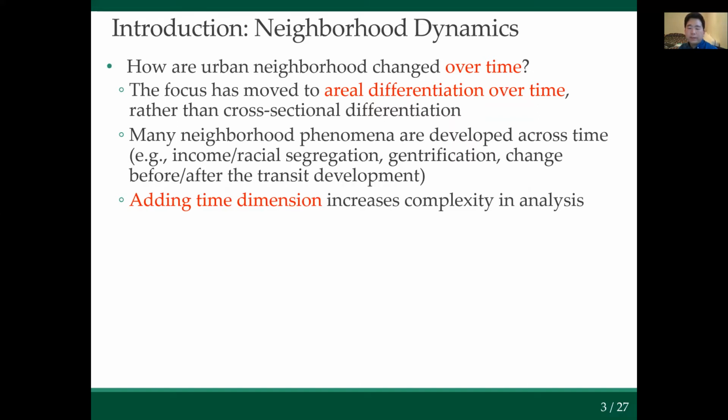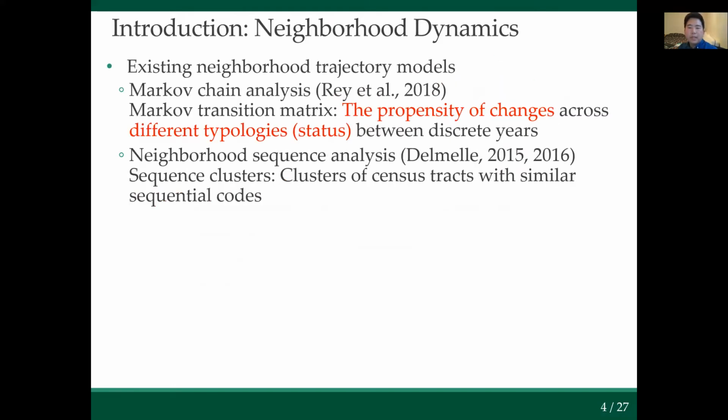However, adding the time dimension to the analysis is very tricky and complex. So let me introduce the existing models for neighborhood trajectory analysis: Markov chain and the neighborhood sequence model. Markov chain analysis examines the probability and stochastic propensity of year-to-year changes.